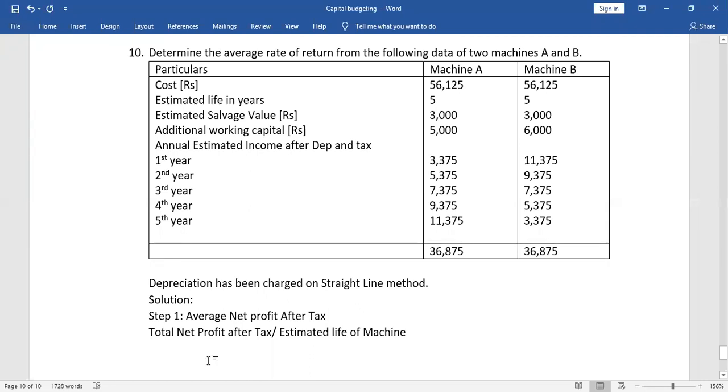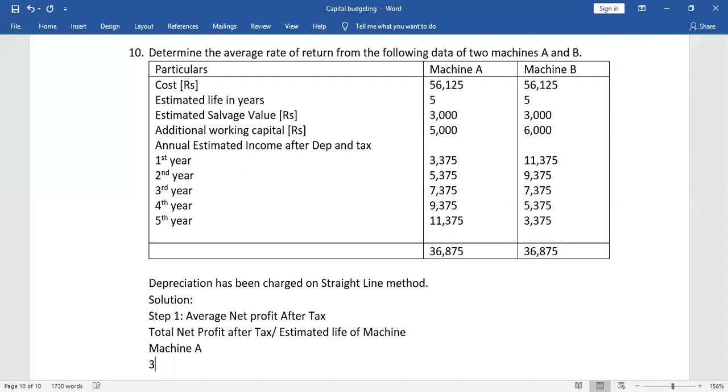Now we have to find out for machine A first. What is the total net profit after tax? Can anyone tell me what is the total net profit after tax for machine A? Yes, correct answer.